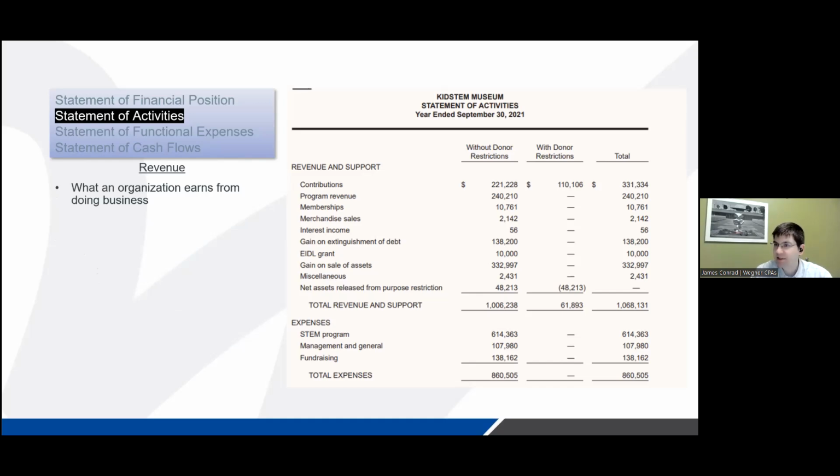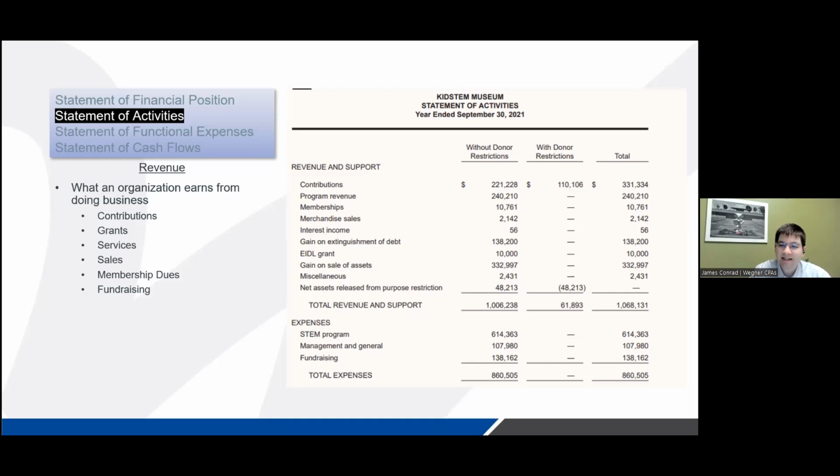So revenue, just like in a for-profit company, is what an organization earns from doing business. For nonprofits, you're going to see a nice variety of revenue streams. Contributions, just donations from either regular people or corporations, government, what have you. Grants, similar to that.